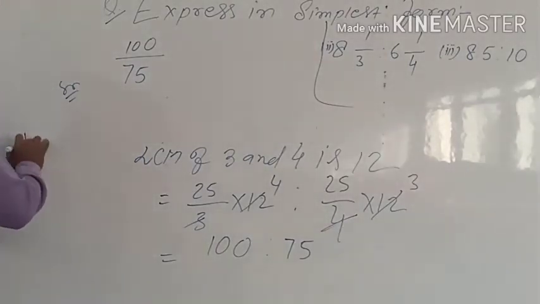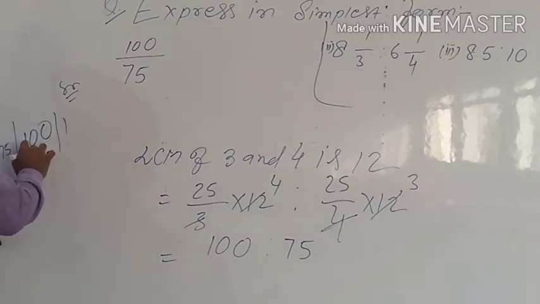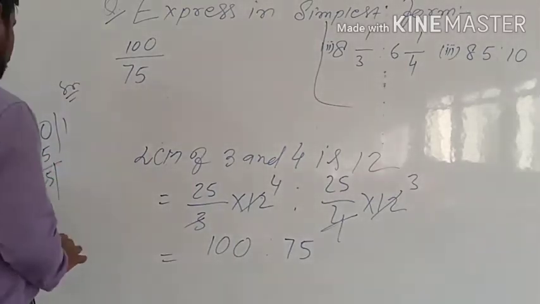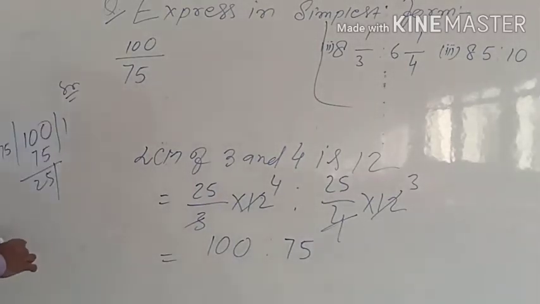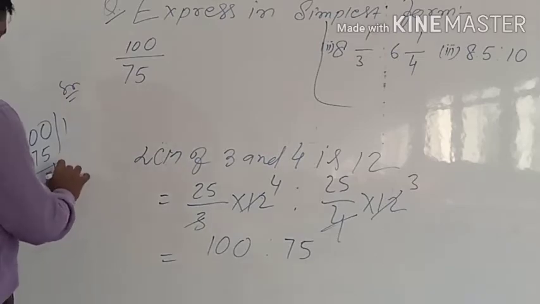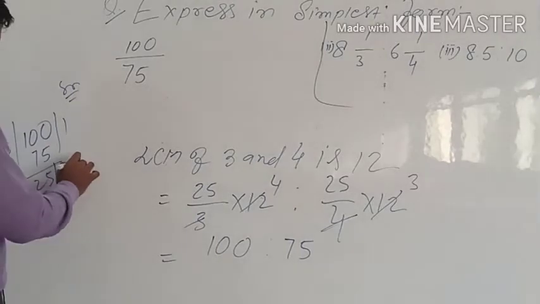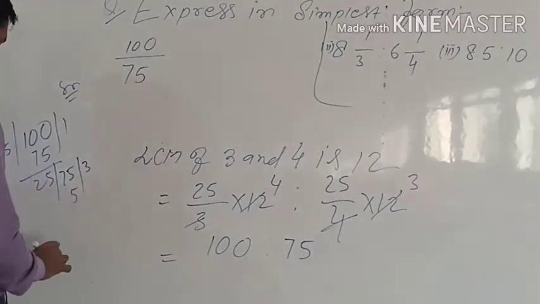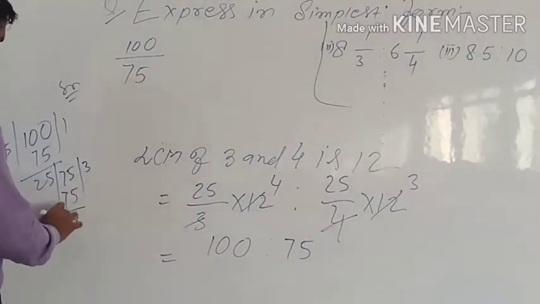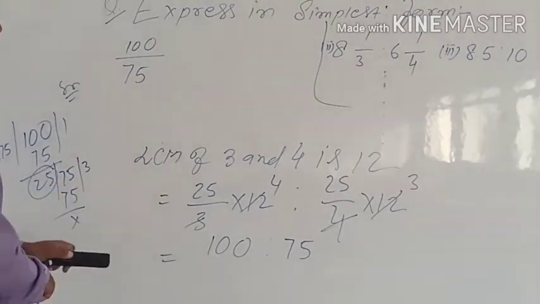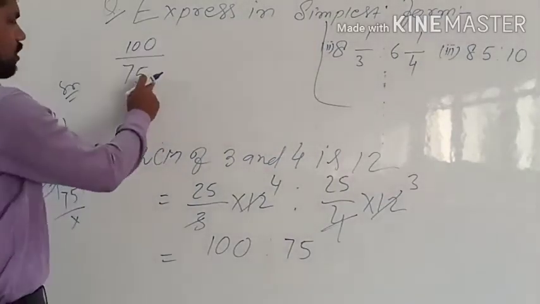So let's see. 100, 75, 25, okay, 75, 3, right? 75 is 3 times 25. That means the HCF of these two numbers is 25.